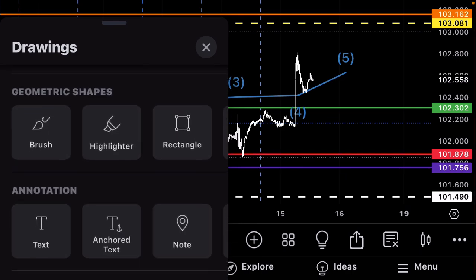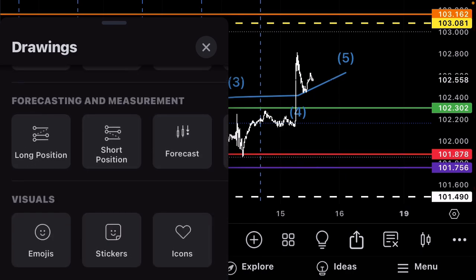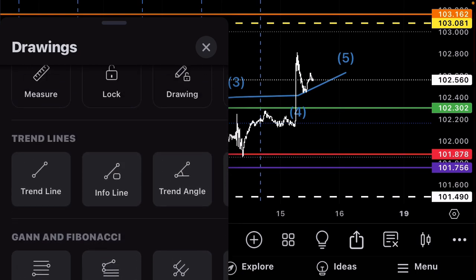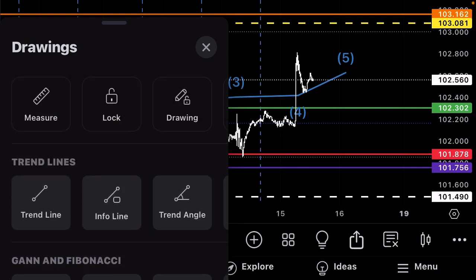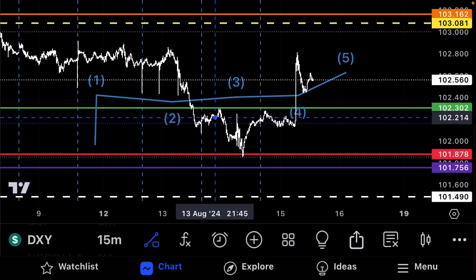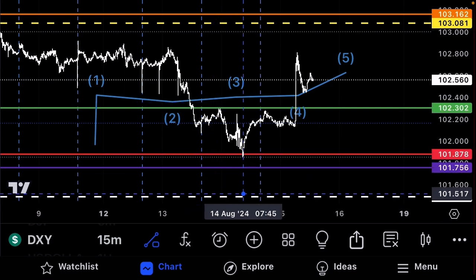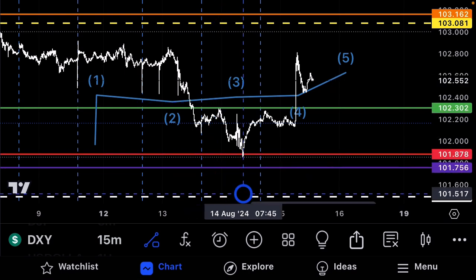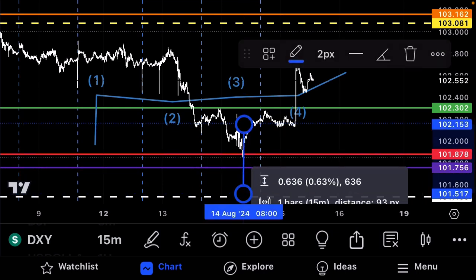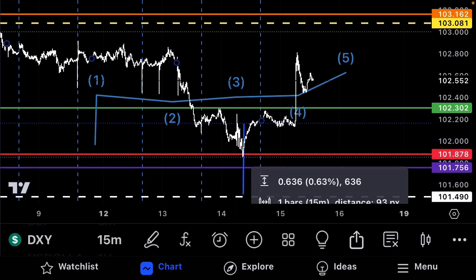Here's the drawings. I see no arrows here. The only thing there is a line. That would be this. Where is that now? Who knows what just happened.